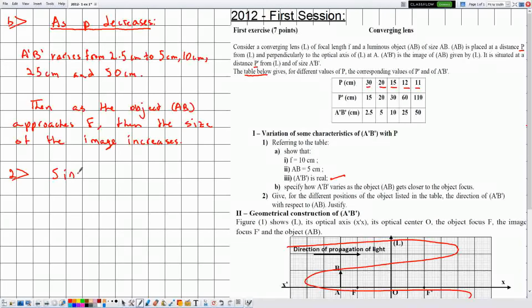Since it is real, which means then the image A prime B prime is inverted with respect to the object AB.